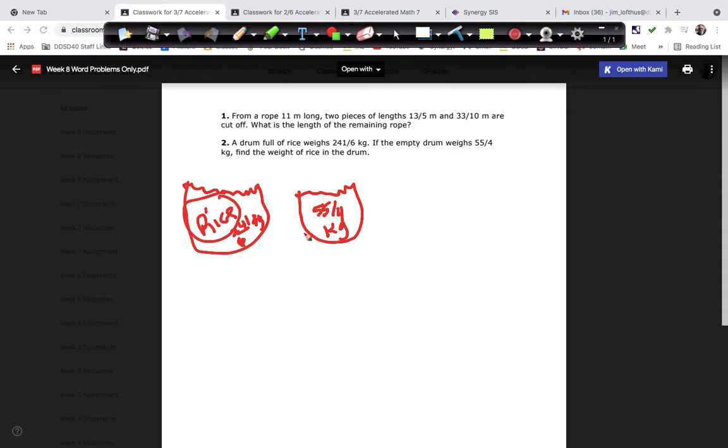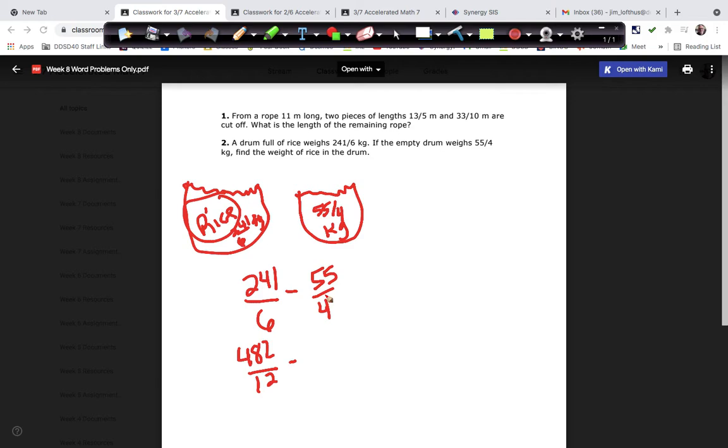So we're going to subtract away the weight of the drum itself. So we're going to do 241/6, and we're going to subtract away 55/4. So common denominator could be 12, so we could double this to 12ths. And doubling 241 is going to be 482.